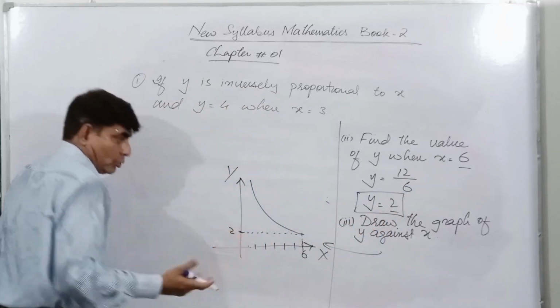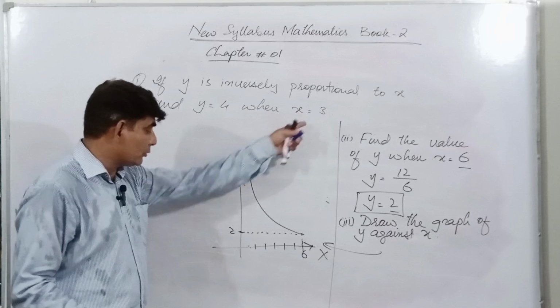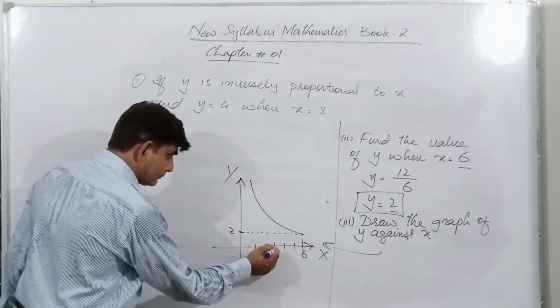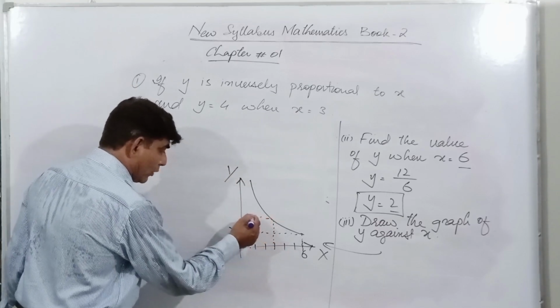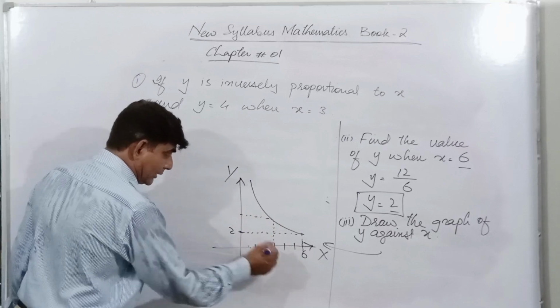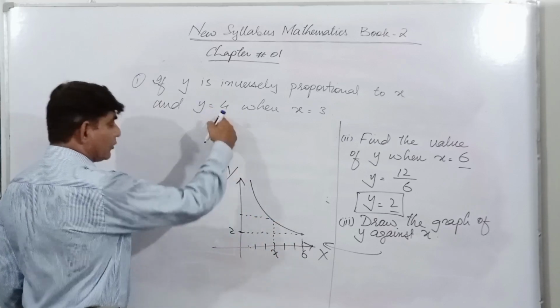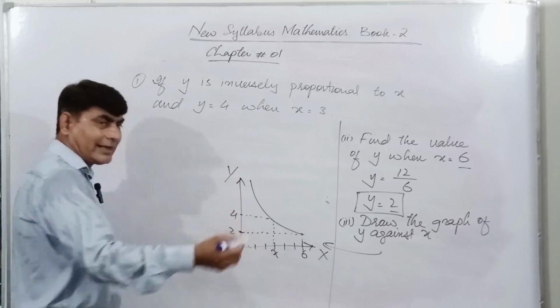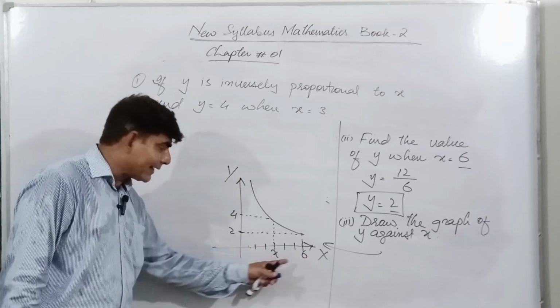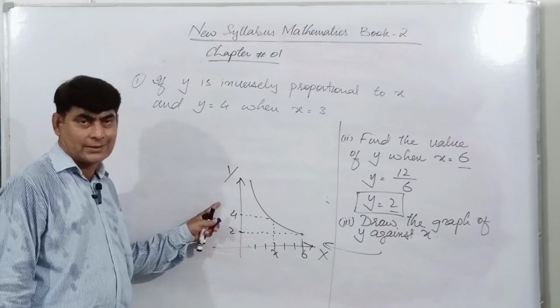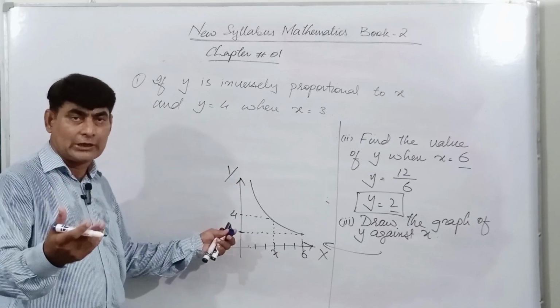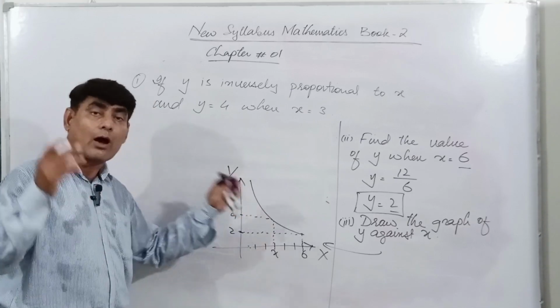This is 2. Now when x equals 3, 1, 2, 3, what is the value of y? It must be greater than 2. Yes, of course, y equals 4. So just listen. If we decrease the value of x, the y increases. This is inverse proportionality, and we always have the same graph.